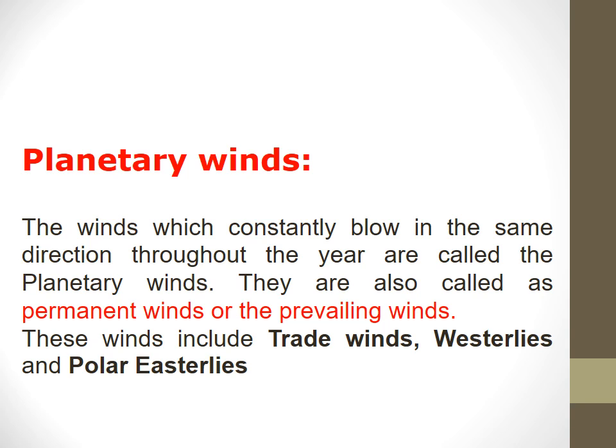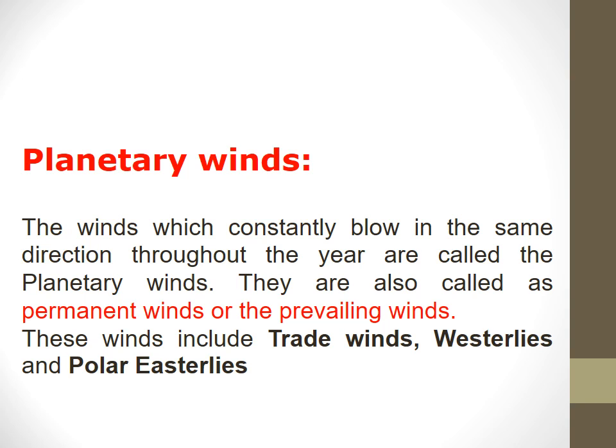The next one is westerlies. Westerlies means மேற்கு காற்று. These westerlies are the permanent winds that blow from the tropical high pressure belt to the subpolar low pressure belt in both hemispheres. They blow from southwest to northeast in the northern hemisphere and northwest to southeast in the southern hemisphere. The velocity of the westerlies is very fast.